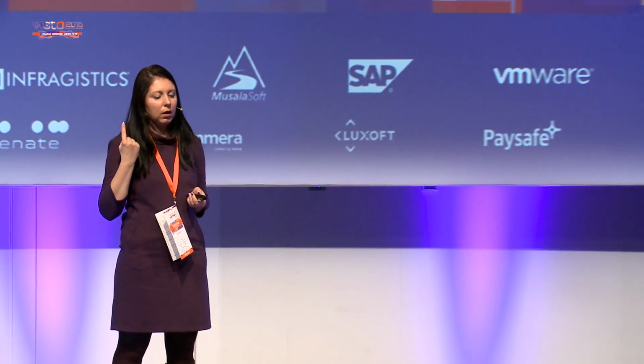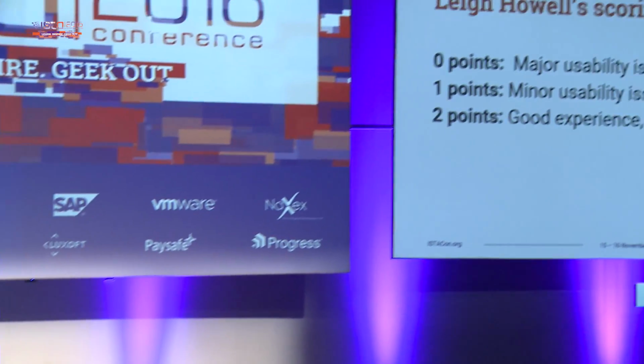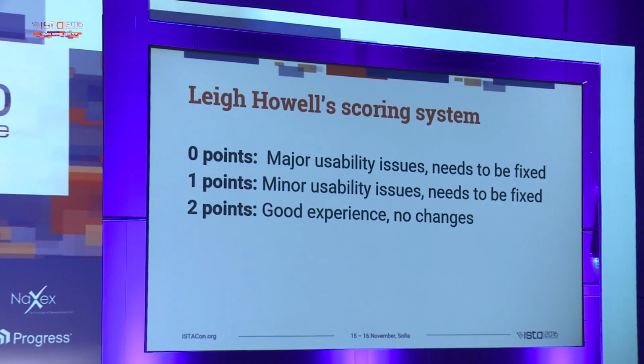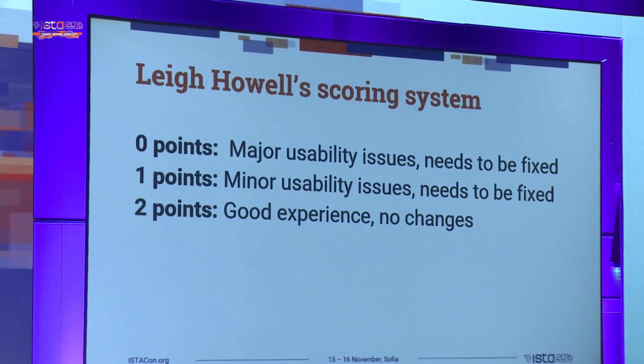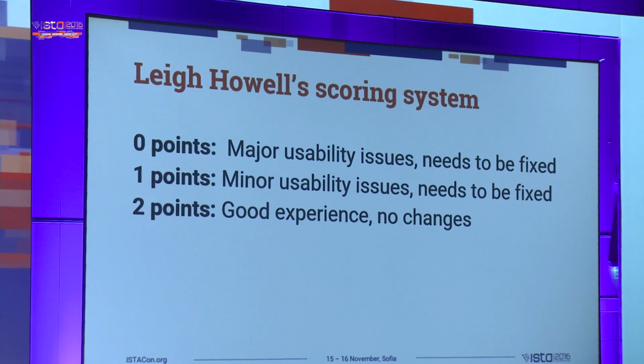For each of the answers, we give a specific score. We give 0 points where we have a major usability issue that definitely needs to be fixed. We give 1 point for minor usability issues that need to be fixed, and 2 points where we have a good experience and no changes are needed.